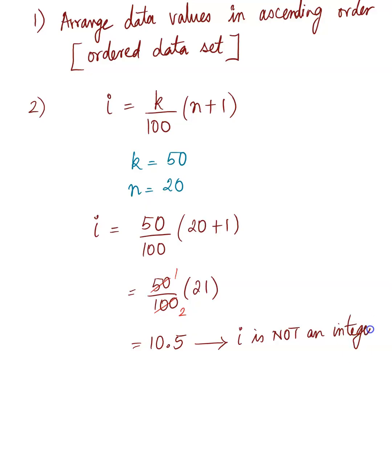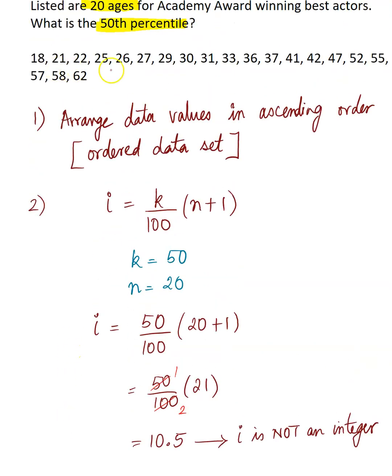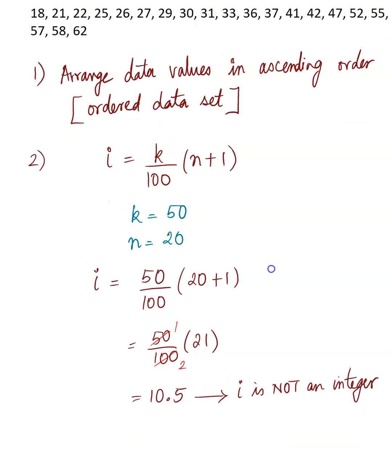This is important because I corresponds to the position. If it's 10.5, how do you know which one is the 10.5th position? If I say the third position, you know I'm talking about 22. If I say the fifth position, you know it's 26. If I is 3, it's the third position. If I is 5, it's the fifth position. So how can I locate when I is 10.5?